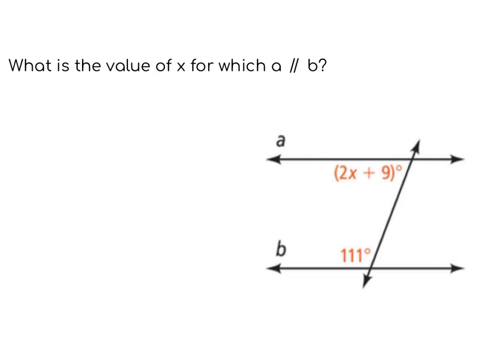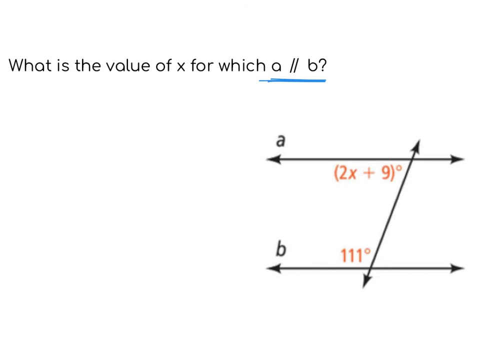Okay, so we can use that then to find a value of x. So it's saying what is the value of x for which A would be parallel to B. So we're not going to assume that they're parallel, but we want to figure out what this value of x would be to make them parallel.